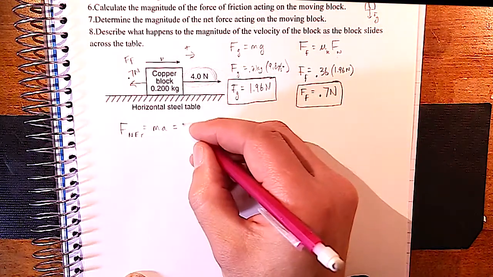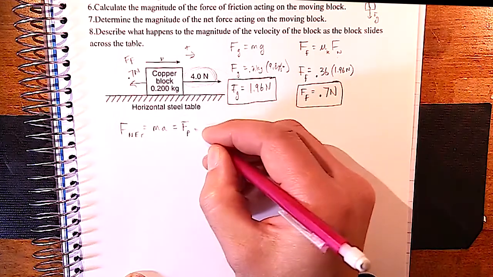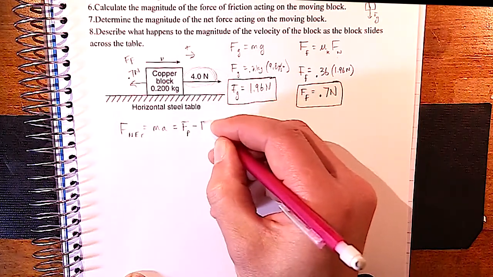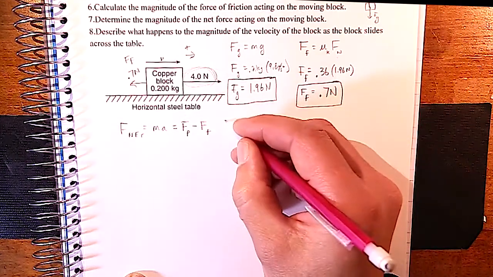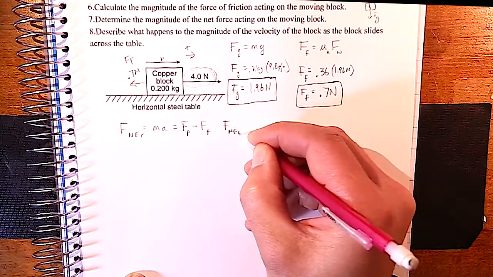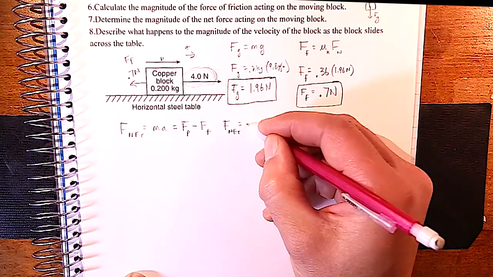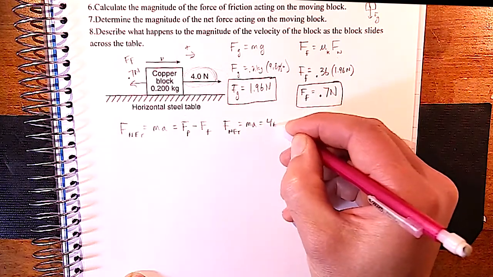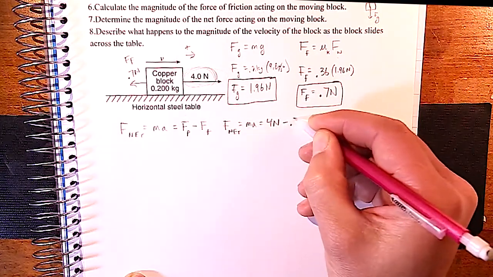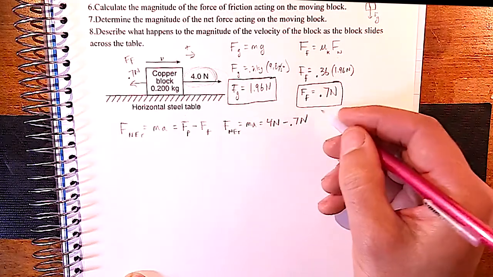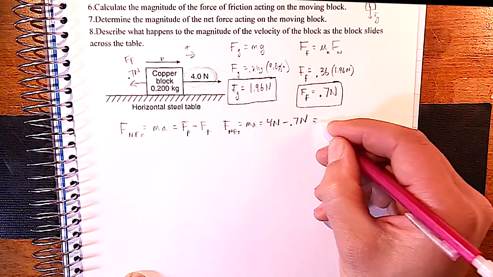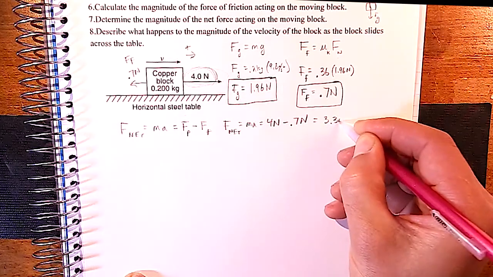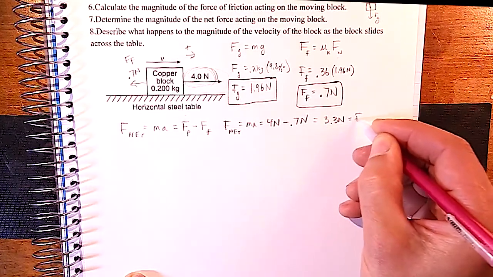So that would be the force of the pull or the push minus the force of friction. So F net equals ma is equal to 4 newtons minus 0.7 newtons. And subtract those two, and that's 3.3 newtons. So that is your net force.